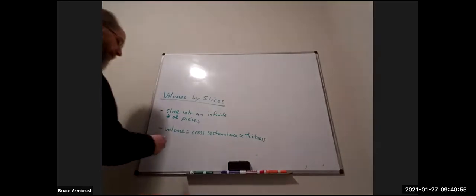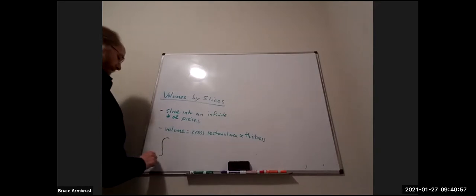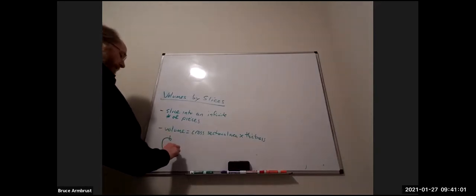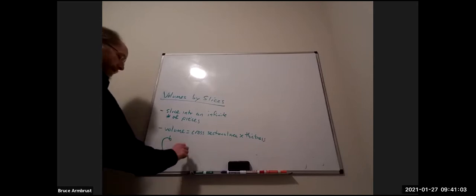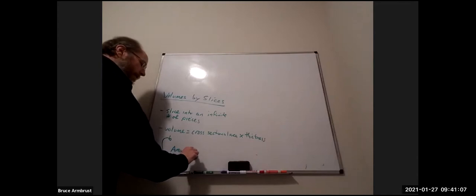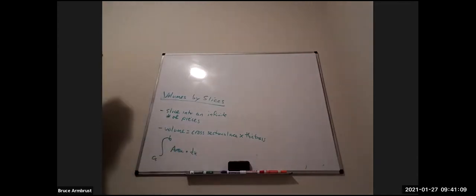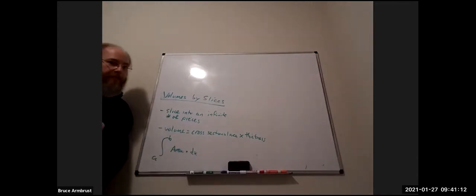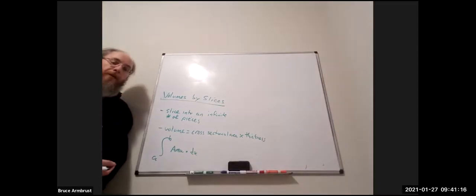And so what that integral is going to look like is the integral from a to b of the area times the thickness. The thickness, though, is going to be our differential. It's going to be our dx or our dy. It's that little tiny piece.